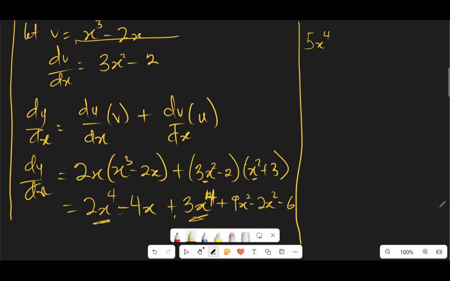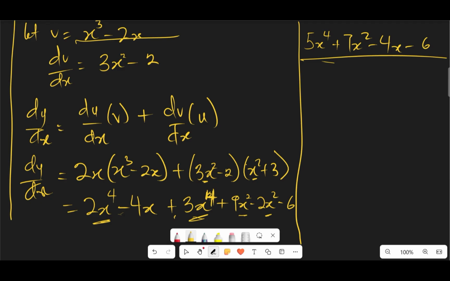Now we can also see 9x squared and minus 2x squared, which is going to give us plus 7x squared. Then I'll continue with minus 4x minus 6. And that becomes our answer for differentiating the polynomial.